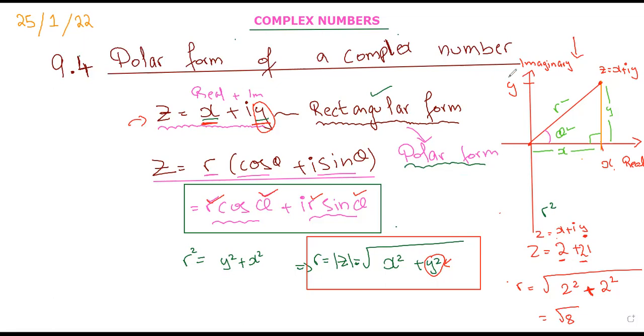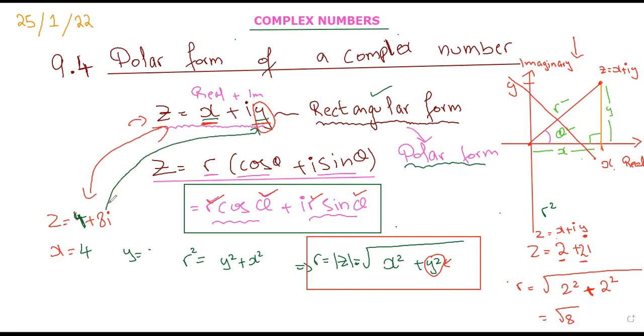If you have not understood it this way, you should just know that you will have your rectangular form. From your rectangular form, you need to write down x and y. For example, if z is 4 plus 8 iota, what is x? Compare these two. X is 4. And what is y? Compare these two: we have iota y and we have 8 iota.